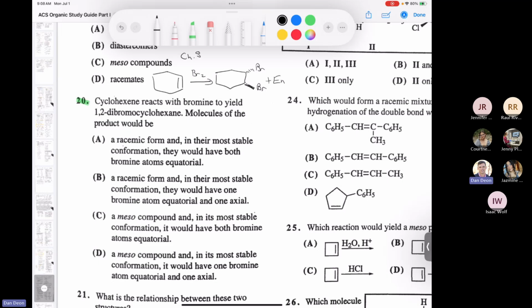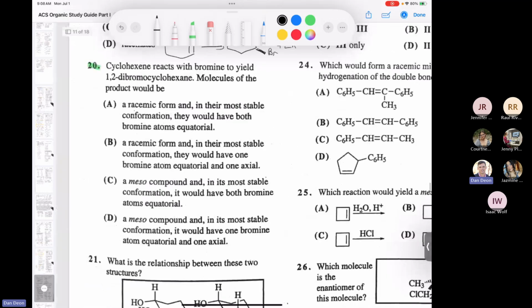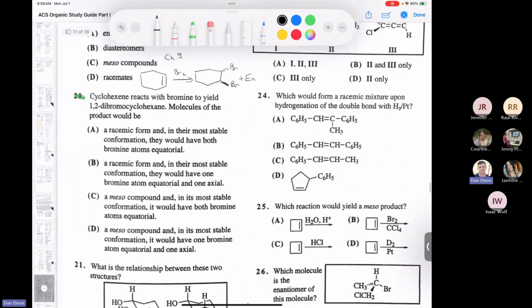So as long as you know that, then you can say racemic in form, most stable conformation would have both atoms equatorial. Well, if they're both equatorial, that would mean that they're cis, okay? Sorry, I misread that. If they're both equatorial, you'd have the ring like this, with this one down in equatorial and this one up in equatorial, and that would be trans.